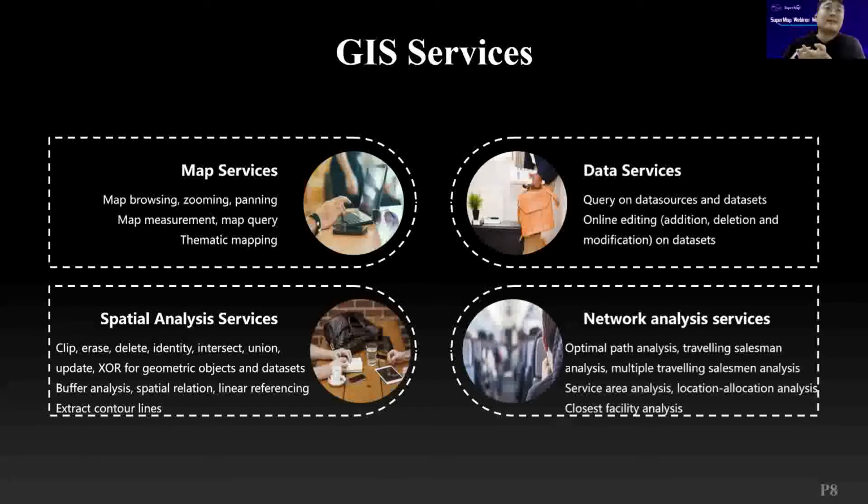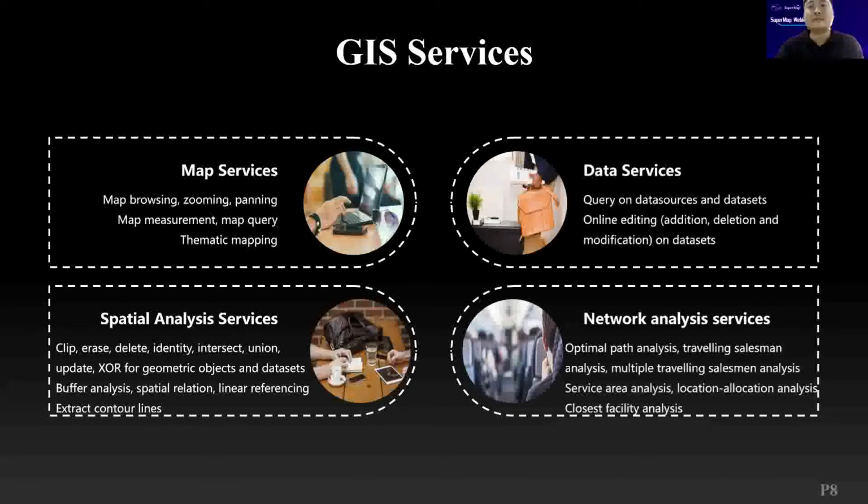That is surface analysis. And besides these two types, there are some others like buffer, like spatial relation. So this kind of service provides us the capability to do spatial analysis online.